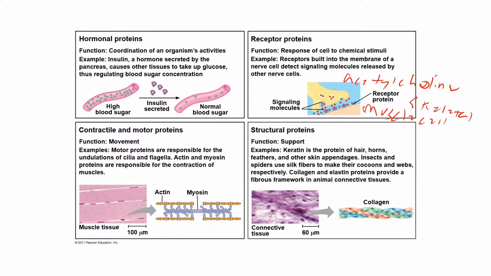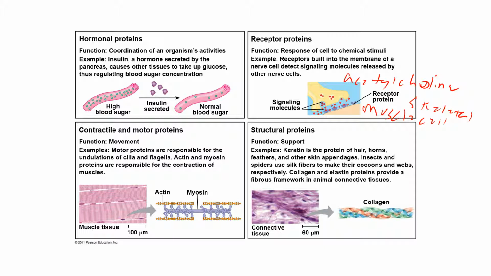The release of this acetylcholine, which is a neurotransmitter, binds to its receptor. You have cholinergic receptors that bind to acetylcholine, and upon binding, it triggers a nerve signal into the muscle cell to basically contract. So you have receptors, you have communication.